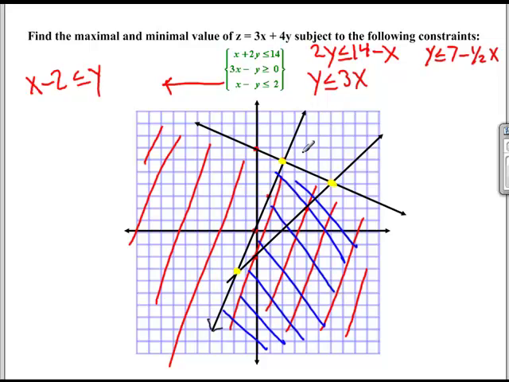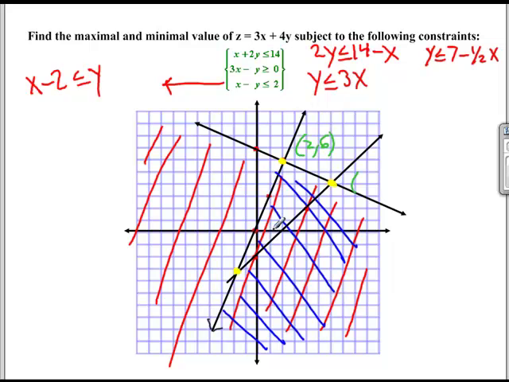And remember, the maximum and minimum have to fall at one of these values every time. So first I have to solve and figure out what these values are. And since I graphed it so well, I can actually just look. This is going to be (2, 6).